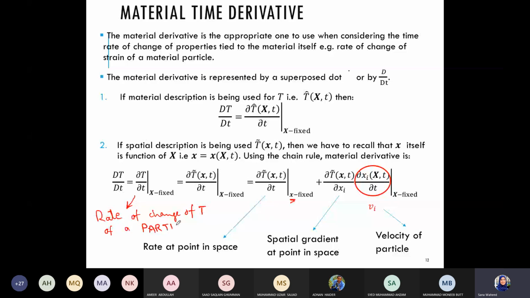So what that rate of change of the temperature of a particle is turning out to be, अगर हमारे पास spatial description available हो, is actually the summation of the rate at a point in space जहां पे वो particle currently है, plus how the temperature is changing in space multiplied by the velocity of the particle. Something very sort of complicated. Let me try to draw this out.